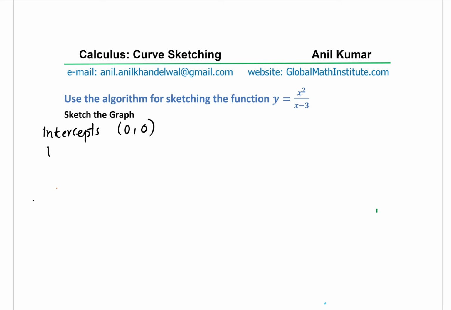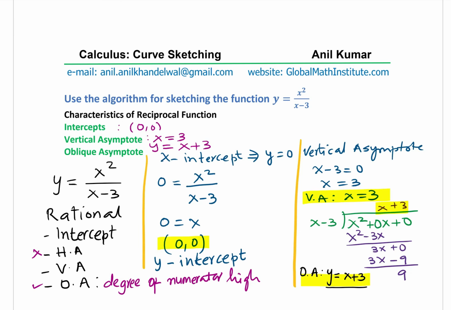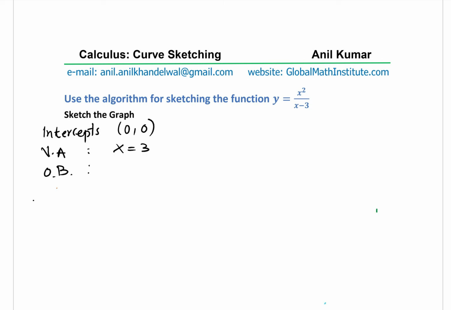Then there is a vertical asymptote, which is at x equals 3, right? When the denominator is 0, x equals 3, and we had an oblique asymptote, which was y equals x plus 3, correct? So let's write down this value, y equals x plus 3.